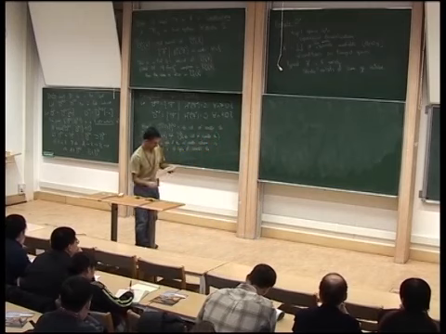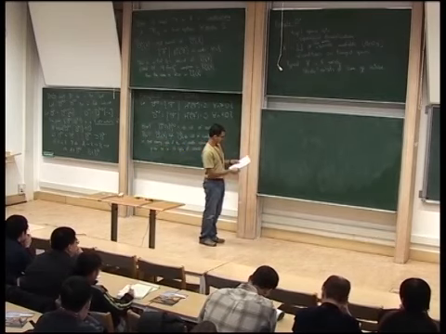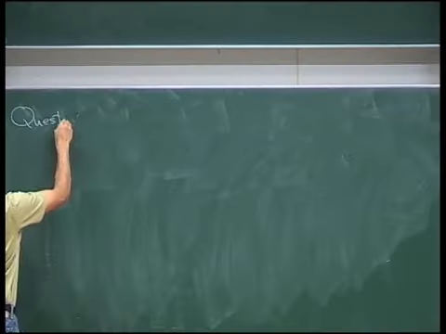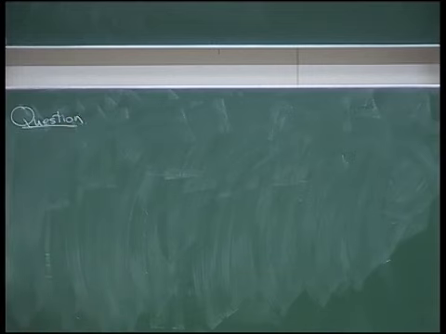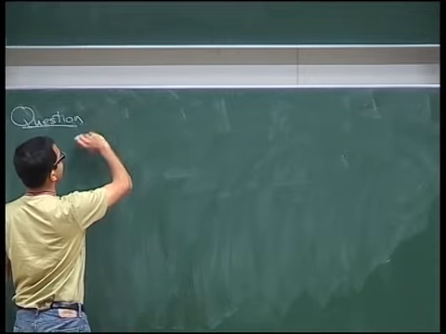Okay. So one question one can ask when you have a T structure is, well, I told you this theorem that says that the heart is an abelian category.